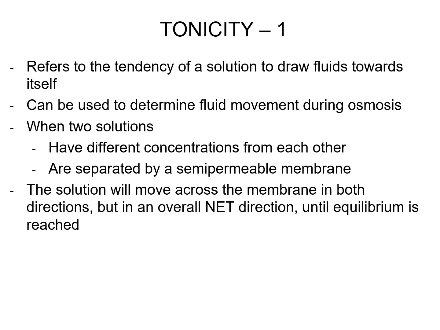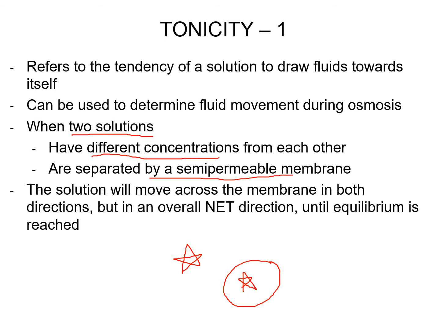So what we're looking at here are two solutions. We have water floating inside of a cell, and then we have water on the outside of a cell. And if they have a different concentration from each other, and they're separated by a semi-permeable membrane, which, as we said, most are, water is going to move back and forth.